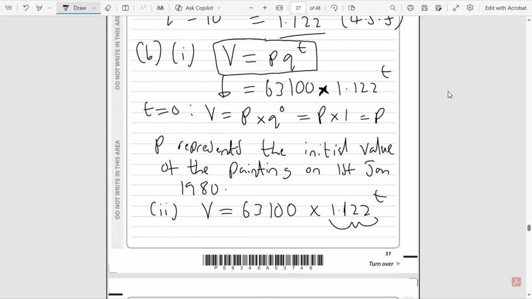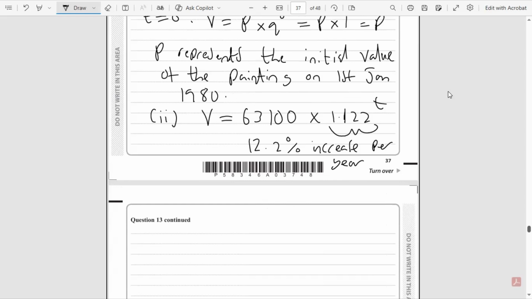So that 1.122 represents a 12.2% increase per year. That's what that represents. Because remember, t is in years. The units of time in this question are years. So that would represent a 12.2% increase per year.